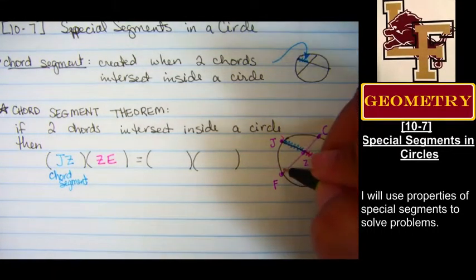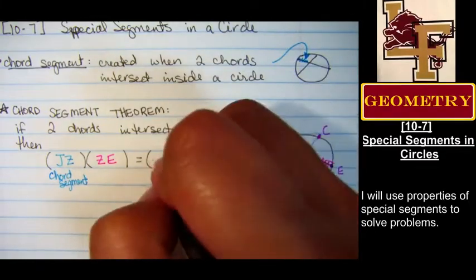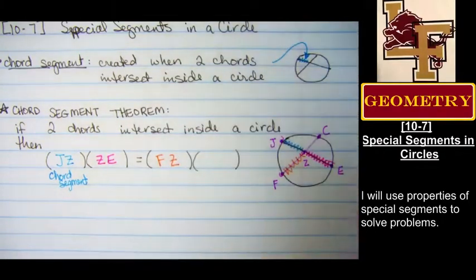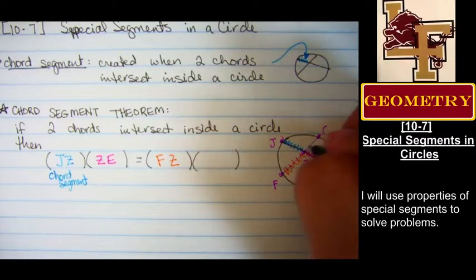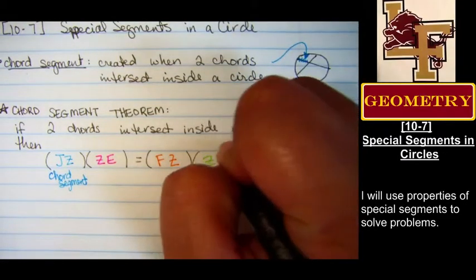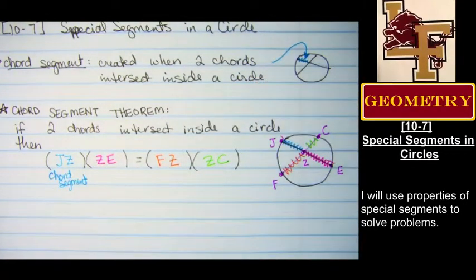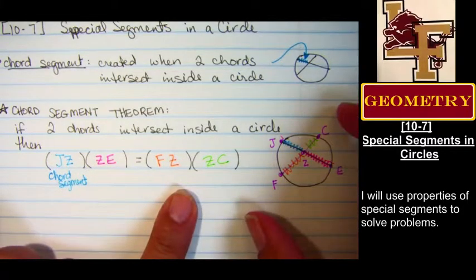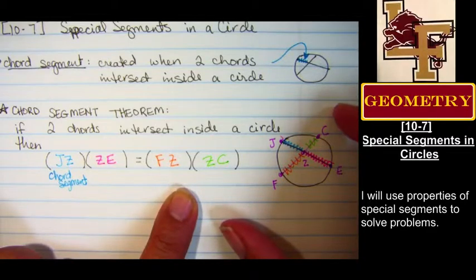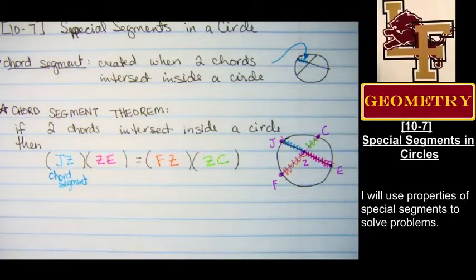Then this other chord is here. Do you notice how on this side it's the other chord segment, the other chord that we're talking about? That's the hard part about this theorem: making sure that you're grabbing things on the same chord to multiply together.